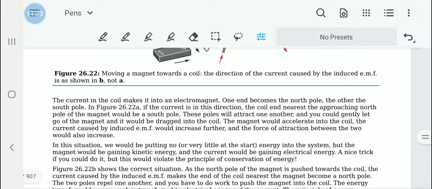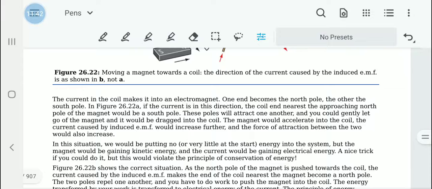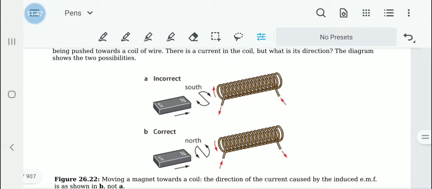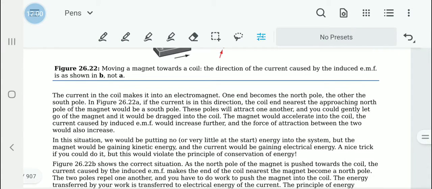But without us giving any energy at all, we are not doing any work, and yet there is a lot of energy being created because the magnet is moving into it. We don't have to move the coil. Because this is the south and the north pole, this will get attracted in this direction, and this will get attracted in that direction. Then when it goes through without us doing work, there is electrical power generated. That cannot happen.